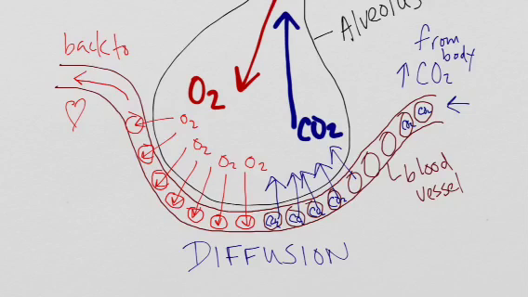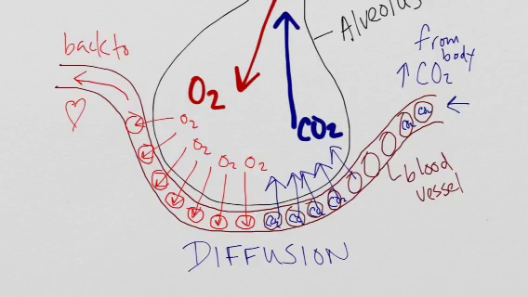So this is what we call gas exchange in the lung. This is the whole point of having a respiratory system, so that we can get oxygen in the air around us into our actual blood.